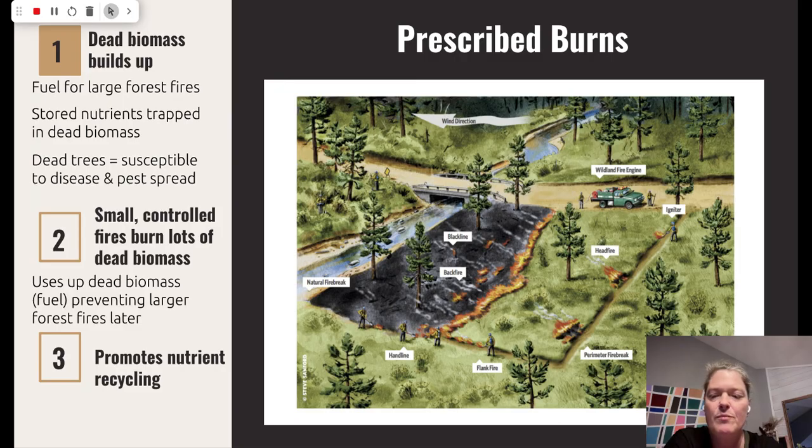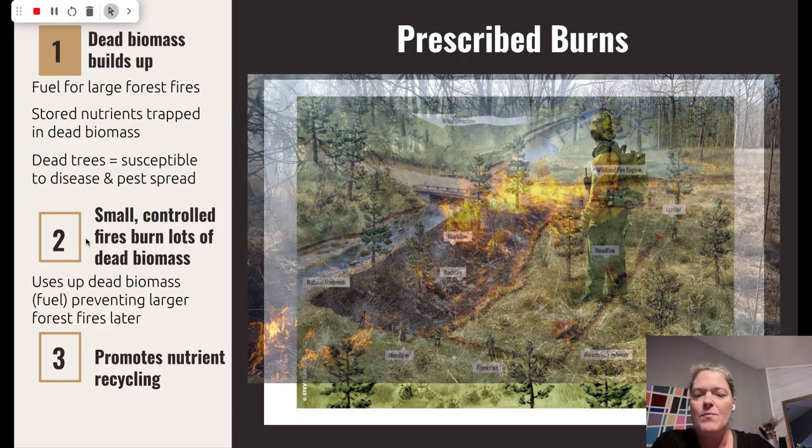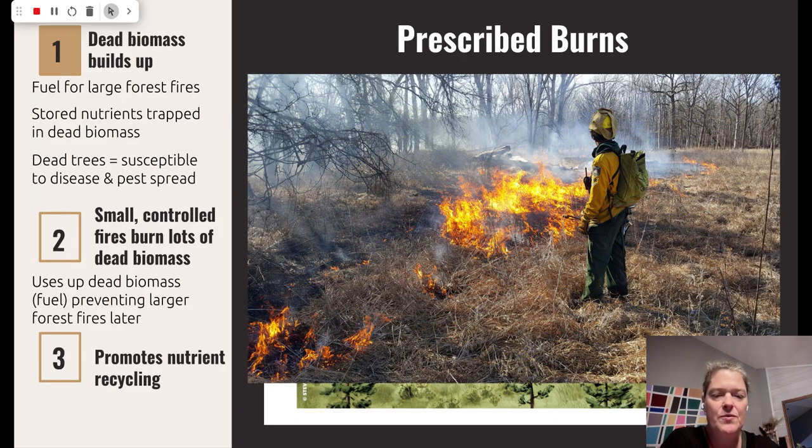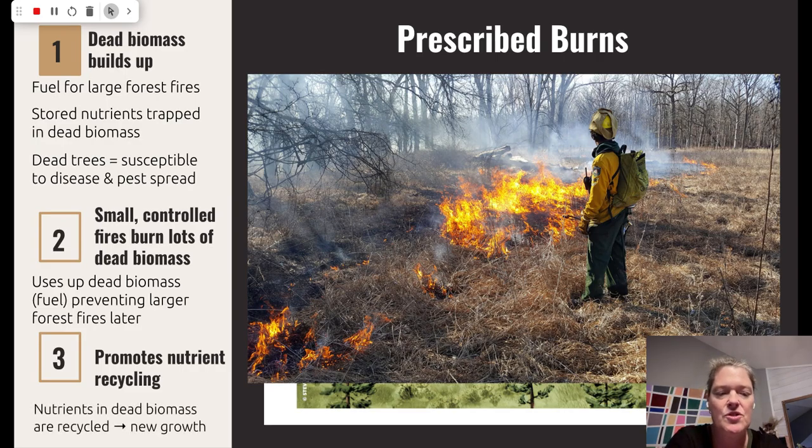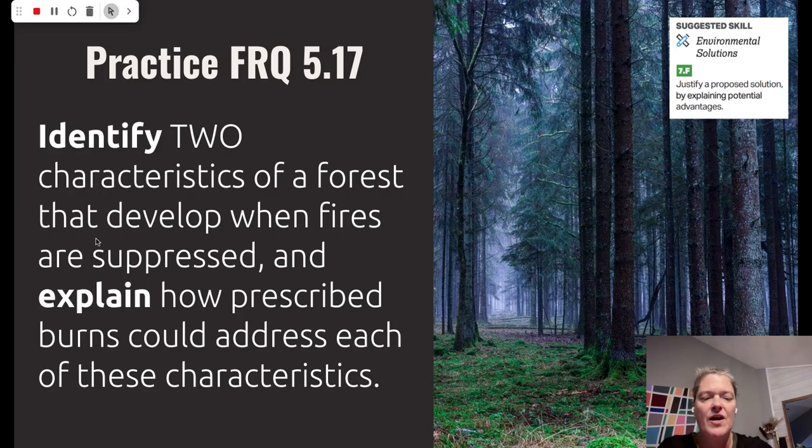And this promotes nutrient recycling because when the fire comes through, the nutrients that are in the dead fuel get returned to the soil. This helps to promote new growth in the area, and because that dead biomass is all recycled back into the soil, it's very beneficial for the soil to conduct those prescribed burns.